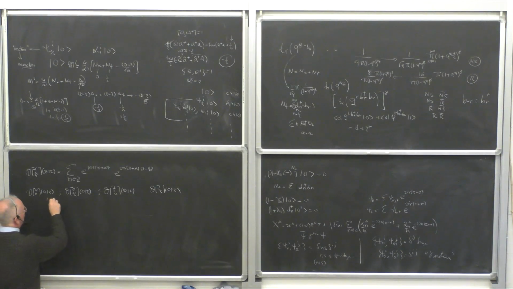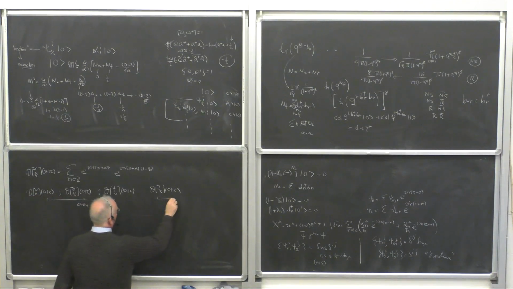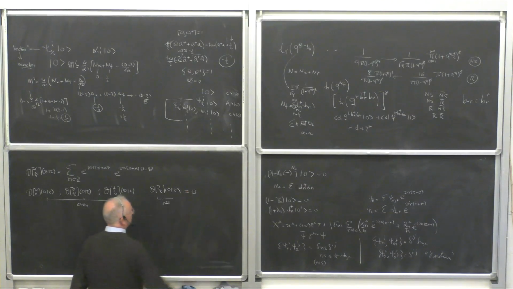These sometimes are called the even characteristics. And this is called the odd one. Moreover, this quantity is identically 0.